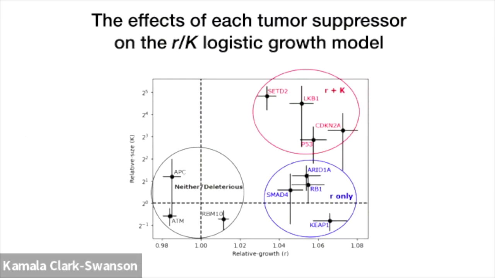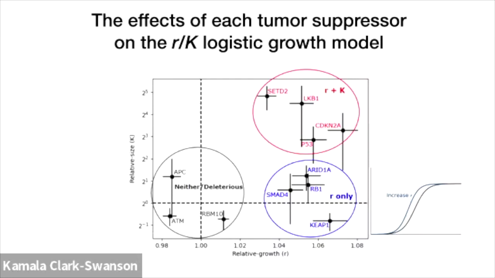I'm just going to summarize our survey of the growth effects across the 12 genes I studied. And we see 2 or 3 interesting classes of tumor suppressor genes, at least in this survey. So we see some genes that seem to increase the instantaneous growth rate, but don't really saturate at a different carrying capacity. We call these R-only tumor suppressors.